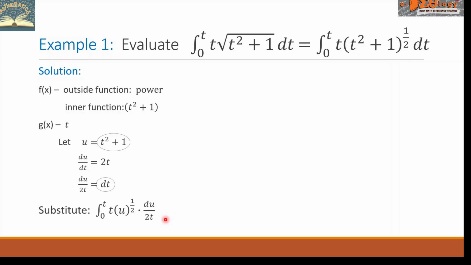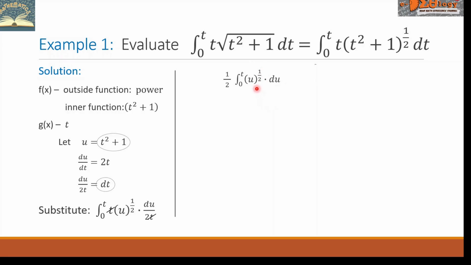Now we simplify. We can see that we can cancel the t variable respectively. Simplifying further, we move this denominator 2 as 1/2, that is outside the integral symbol from 0 to t of this u raised to 1/2 times du.